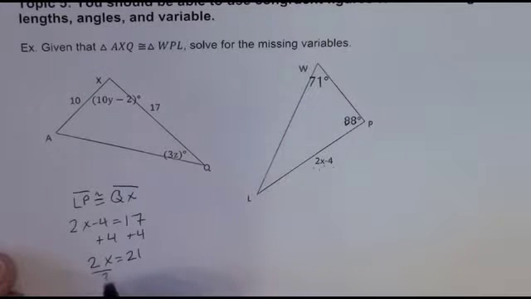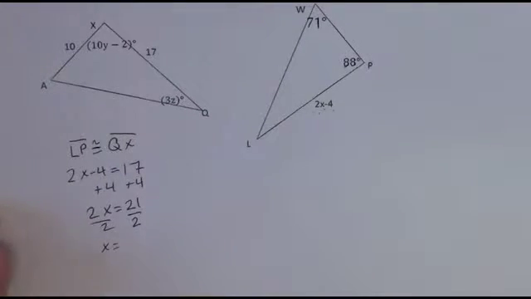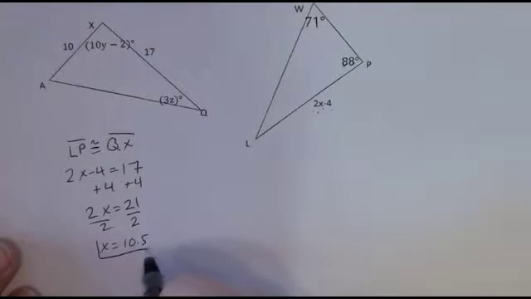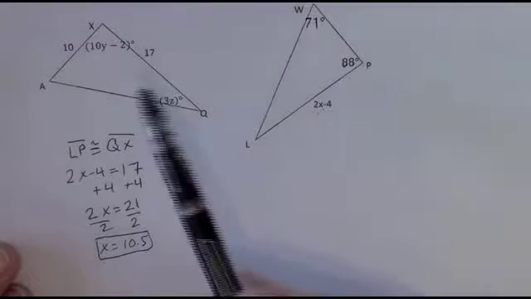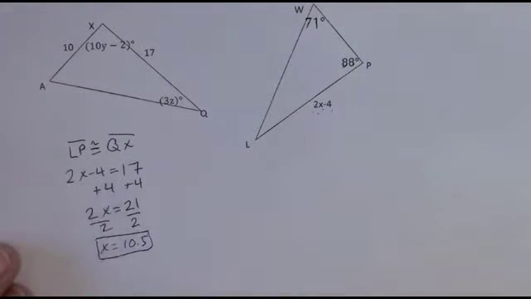Divide both sides by 2. And although it might be a little uncomfortable for you to do 21 divided by 2, you can use a calculator. That gives 10.5 for the x value. LP was congruent to QX, so you set them equal and solve.